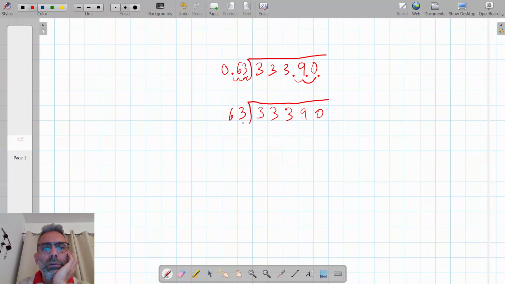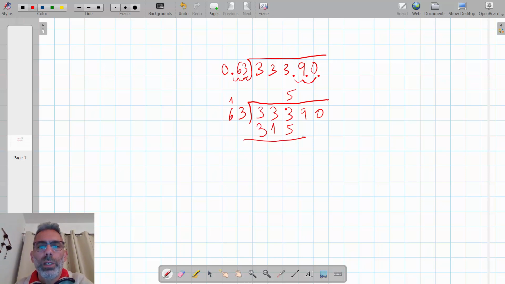Let's see, 5. 5 times 60 is 300, and 5 times 3 is 15, so it is close. 5 times 3 is 15. 5 times 6 is 30, plus 1 is 31.